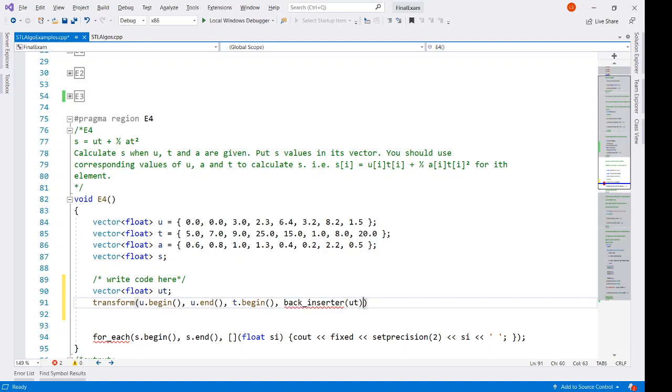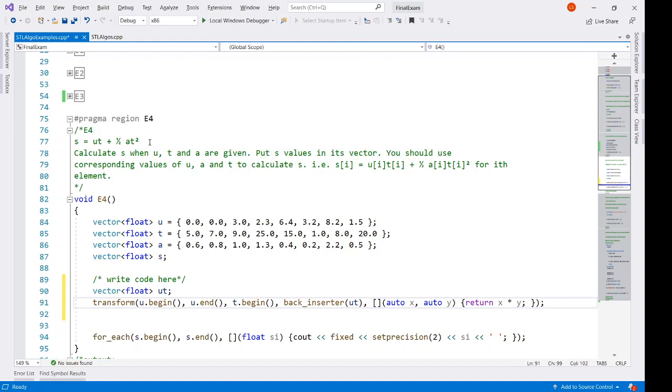So the result should be here, and we want the predicate to be multiplying. So it should multiply x and y, float, sorry, not integers. In fact, we should use auto here so that the compiler helps us and we are not worried about the type. So return x multiplied by y, right? So this will be our ut vector.